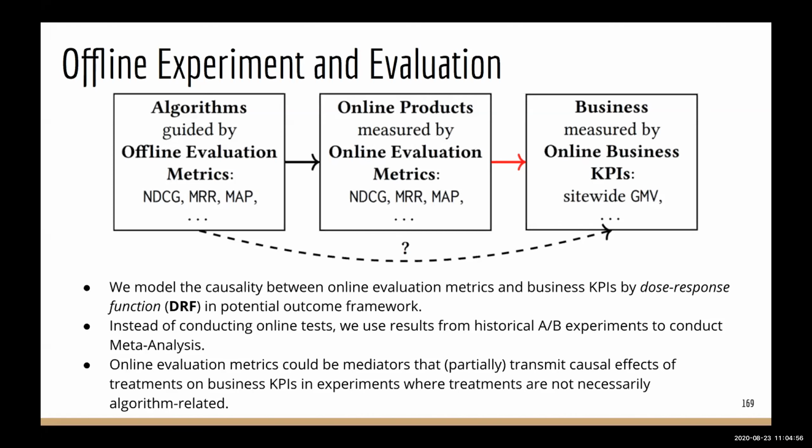So these are the two key ideas that we employed. And here we treat NDCG, MRR, MAP as mediators, and the historical A/B tests' treatments as treatment, and the NDCG as the mediator, and see how the mediators would impact the GMV.